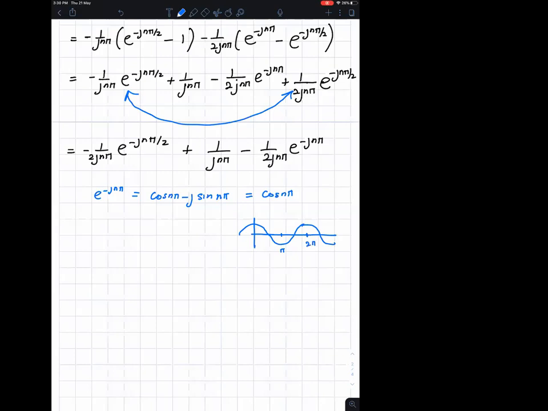So it's alternating. For odd numbers it is negative, for even numbers it is positive. It's 1, minus 1. For even multiples of pi it is 1, and for odd multiples of pi it is negative 1.